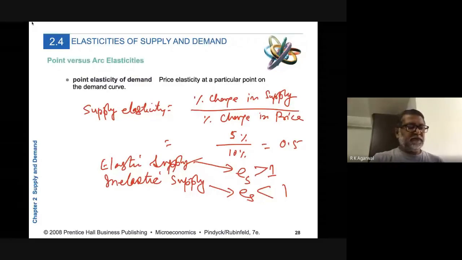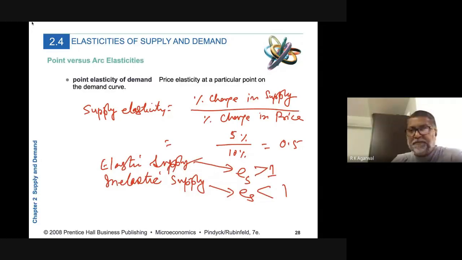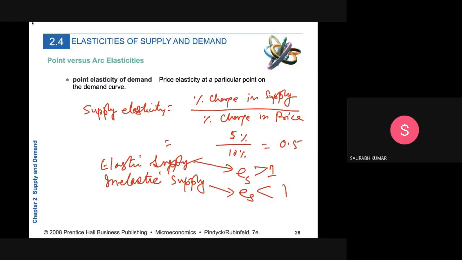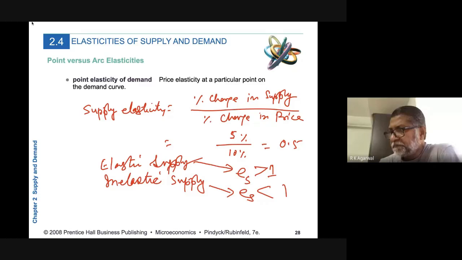So think of a situation where the government announces an increase in the minimum support price of wheat. So if price of wheat goes up, then how do you think farmers will respond? Will they attempt to produce more, or will they attempt to produce less? More. They will attempt to produce more because they will get more price for their product in the market.